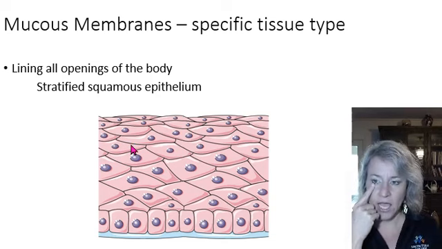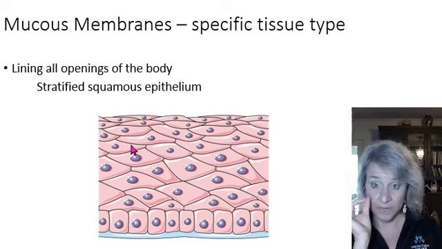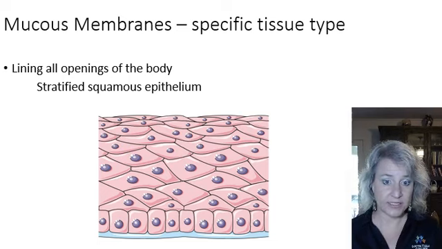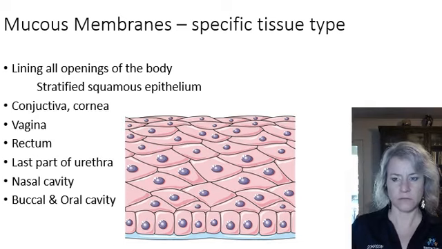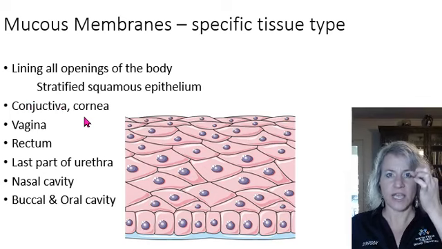Also in the eye, we have this structure called the conjunctiva, which I want to add. The conjunctiva is covering your eye, and it also lines the eyelids.